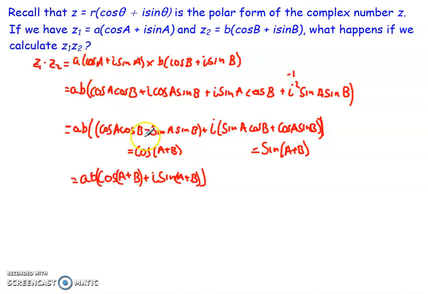Rather than having to go through this whole process every single time, if I'm asked to multiply two complex numbers together, I can use this format here. So z1 times z2 equals ab cos of A plus B plus i sine A plus B.